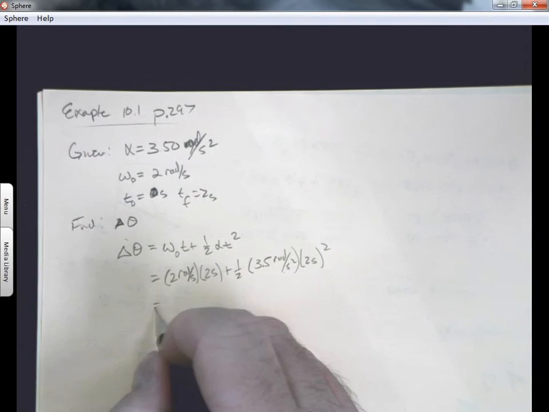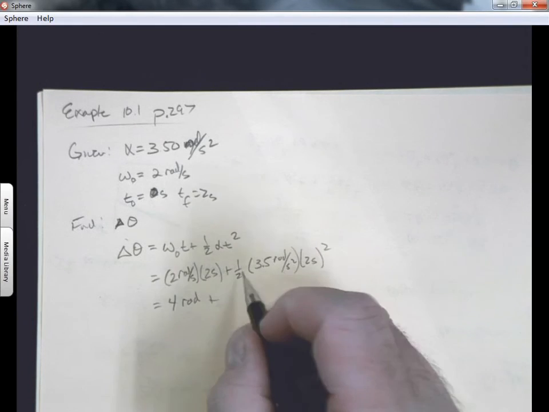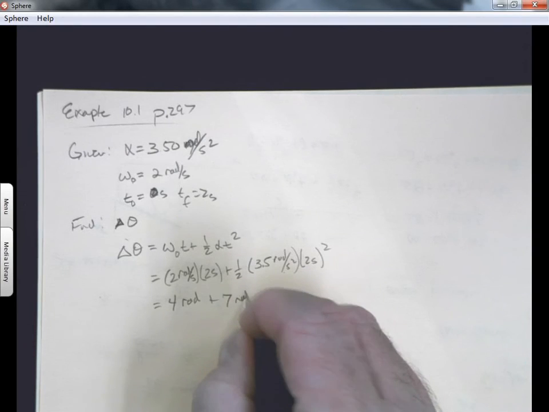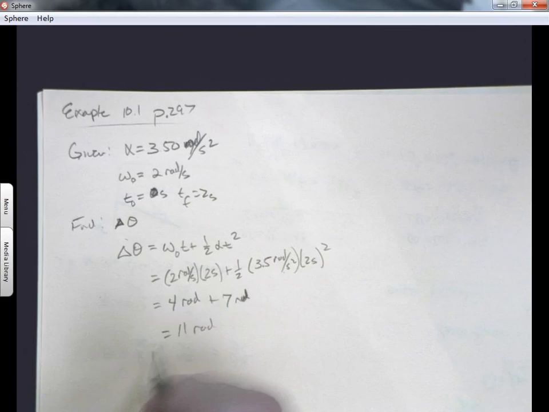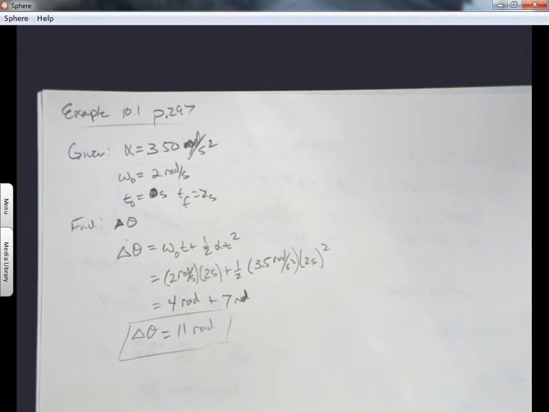This winds up being 4 radians plus 1/2 times 2 squared, which is just 2. 2 times 3.5 is 7 radians, so that equals 11 radians, and that's delta theta. That's pretty straightforward, but that's how it goes.